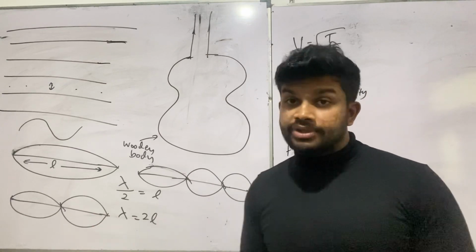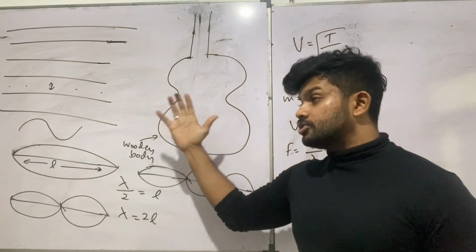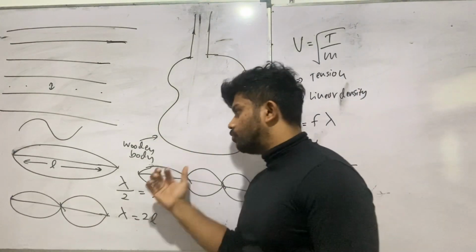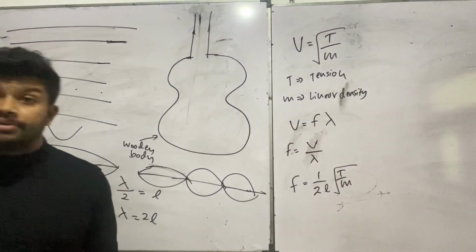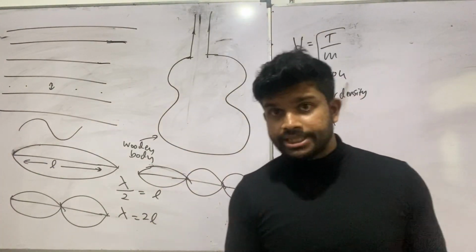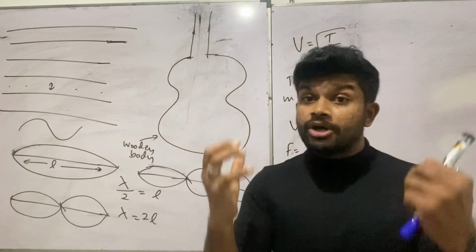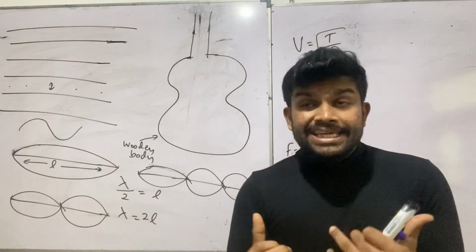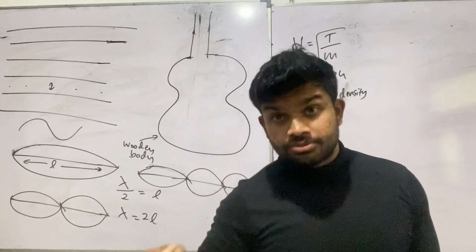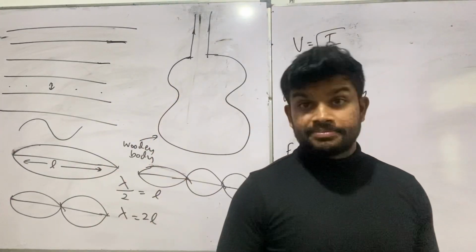So all of those air molecules inside this wooden box also start to vibrate, right? This is called resonance. As a result, a high intensity sound is produced by this instrument.